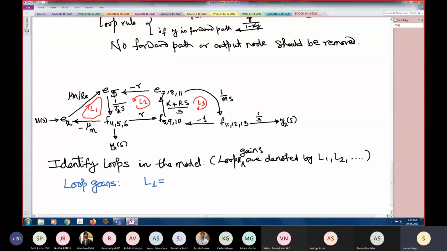So you have first the item mu m by RA, multiplied by 1 by ZES, into minus mu m. That's it. So how much does it come to? Minus mu m square by RA ZES. So that's how a loop gain is written.